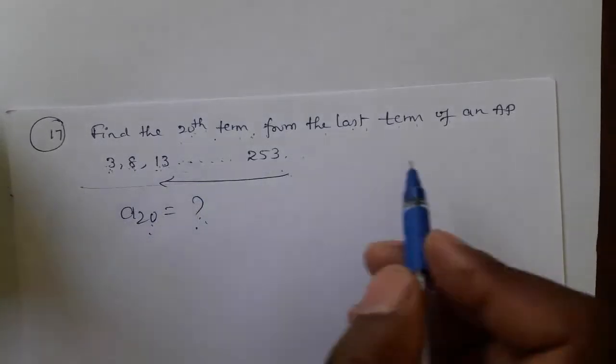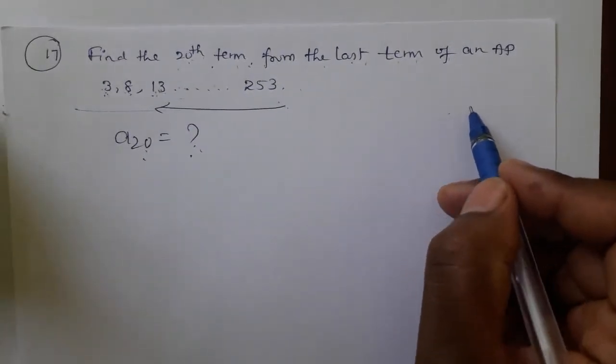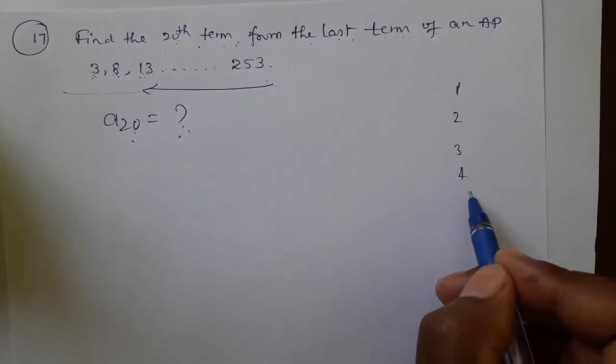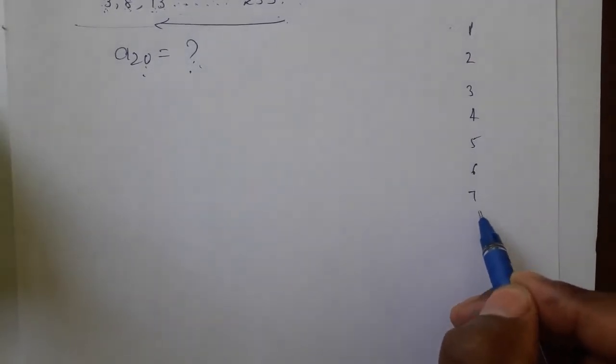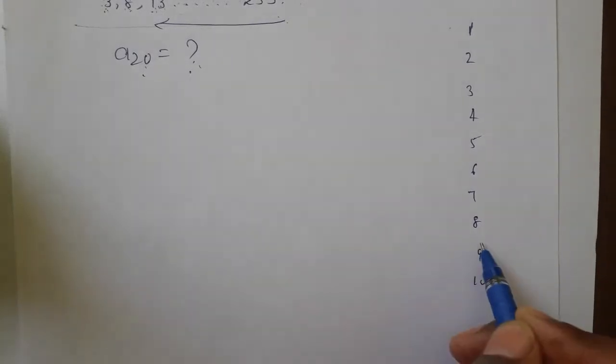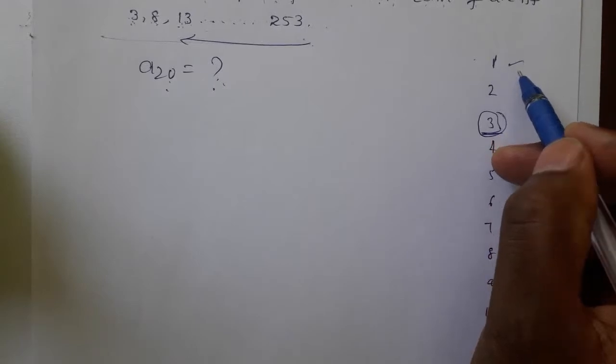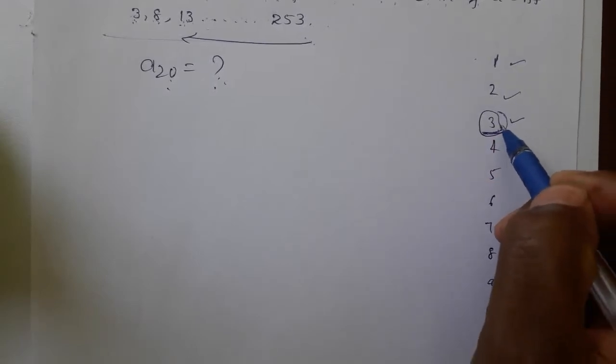direction. See, if 10 students are there, 1, 2, 3, 4, 5, 6, 7, 8, 9, 10. He is third from the first. 1, 2, 3. He is sitting at the third position.